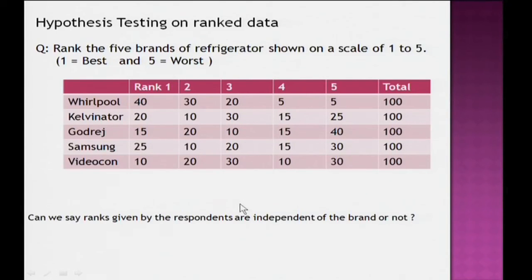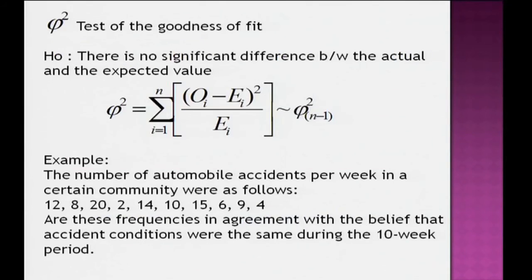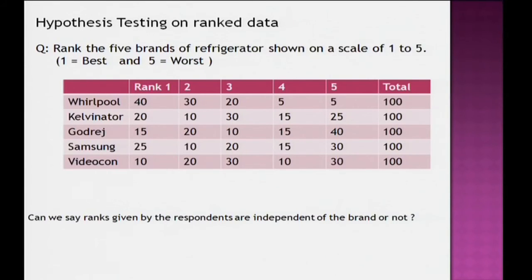So, in this way for all these 25 observations, you will have to get expected and then carry on to OI minus EI square by total, that will give you the chi-square calculated. Compare them and hence you can decide upon whether there is any association or not.